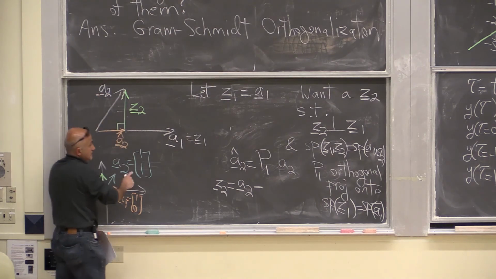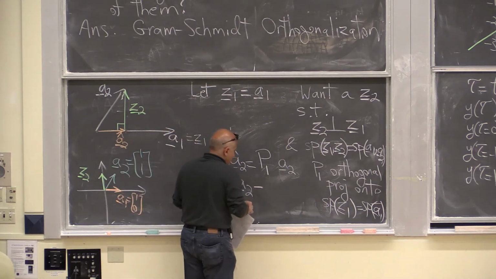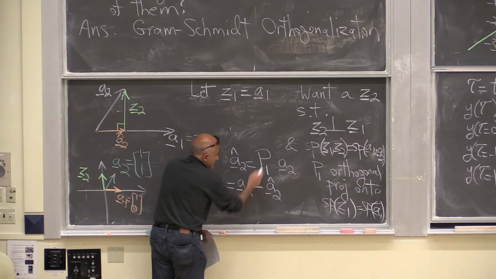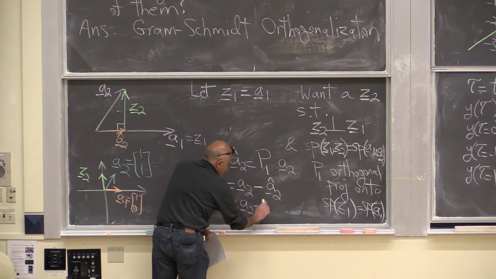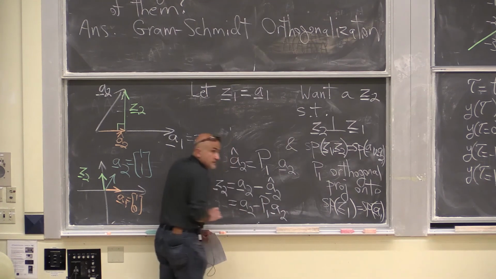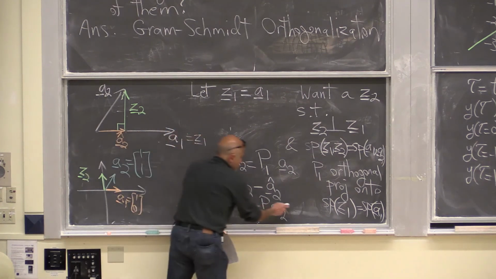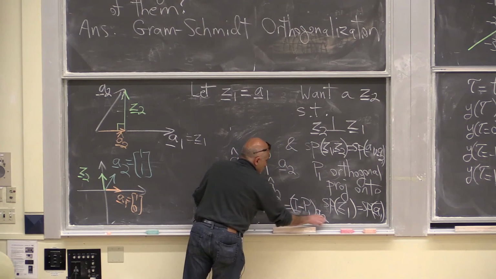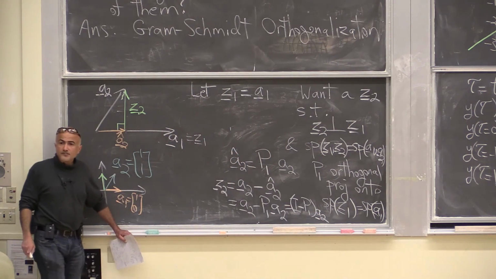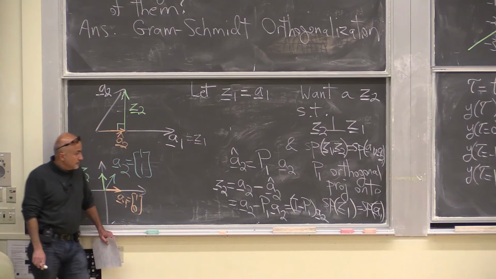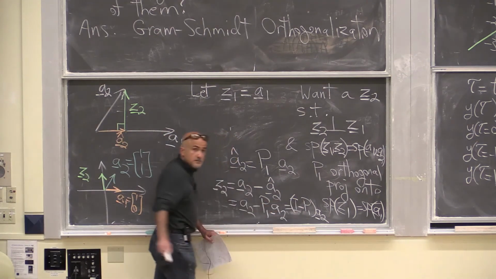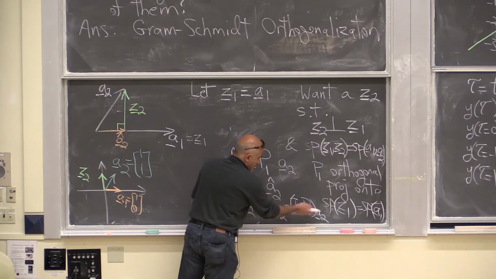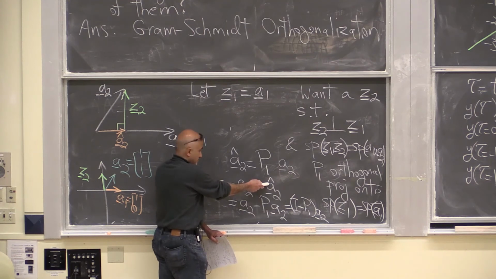So green is a2 minus a2 hat. But I know a2 hat is P1 a2. Isn't this simply (I minus P1) a2, where I is the identity? Do you agree that these two are equal? Identity times a2 is a2, minus P1 times a2, which is a2 hat. That's my z2.